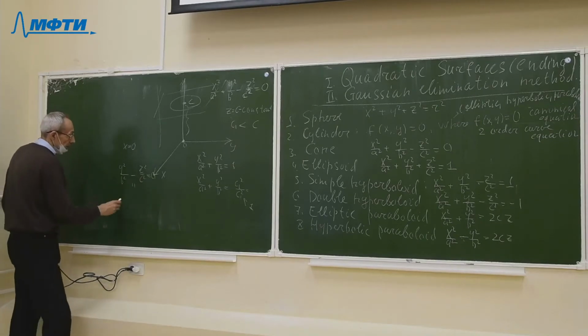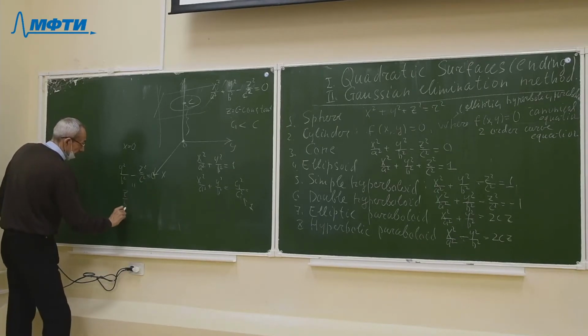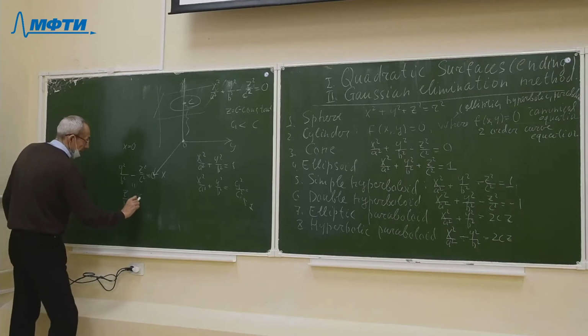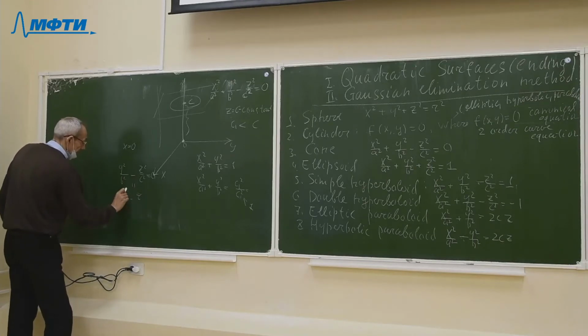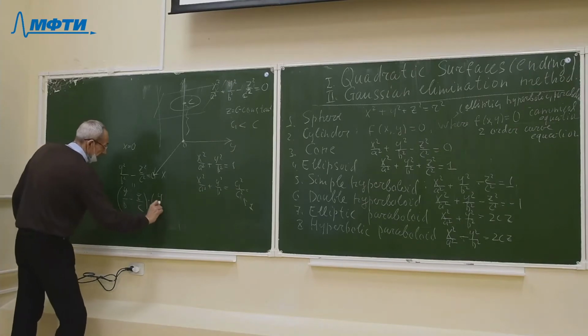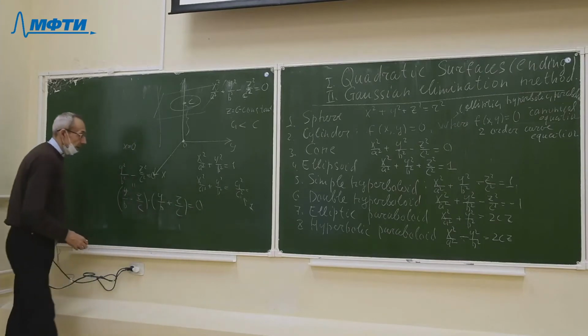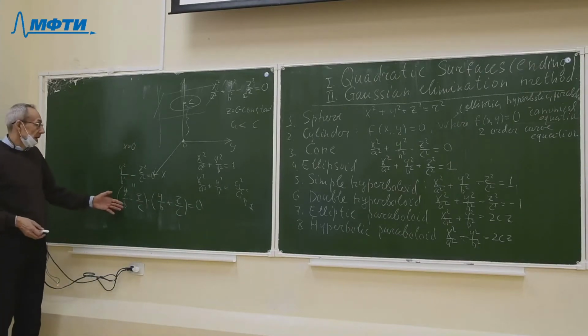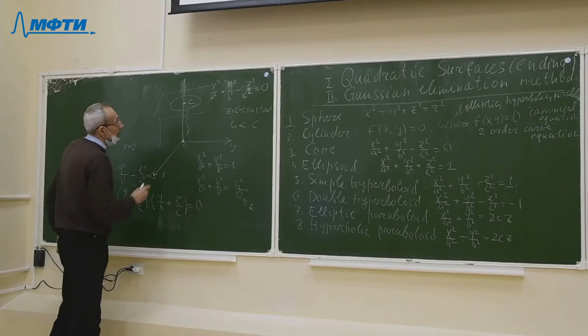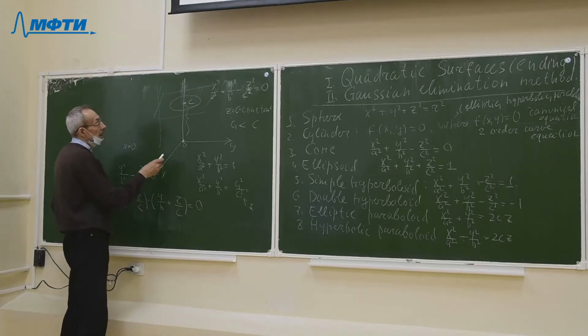This equation can be rewritten in the following form: (y divided by b minus z divided by c) times (y divided by b plus z divided by c) is equal to 0, and we obtain two straight lines which lie in the coordinate plane YOZ.